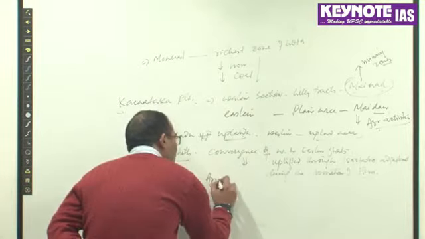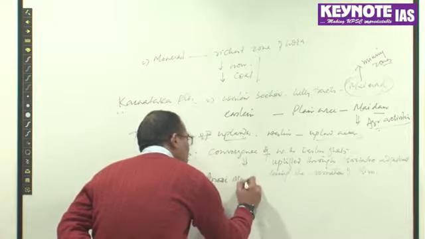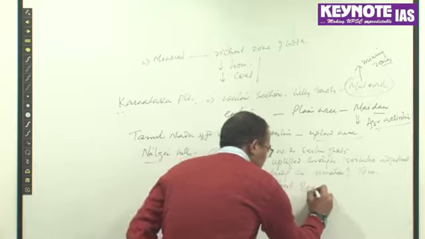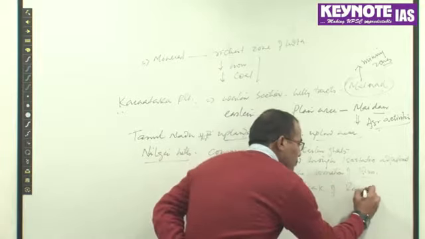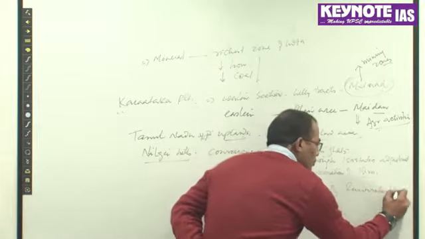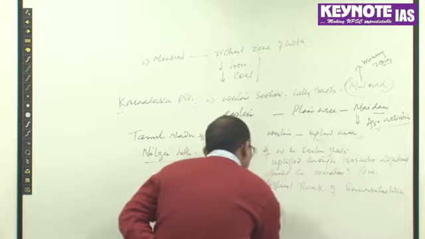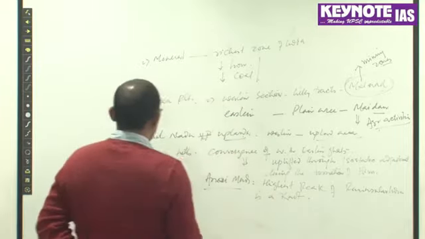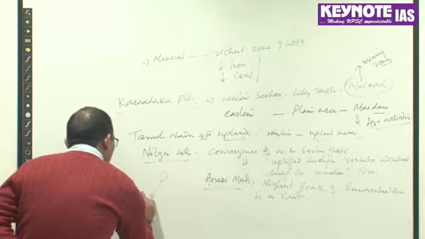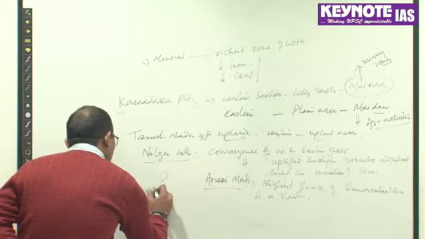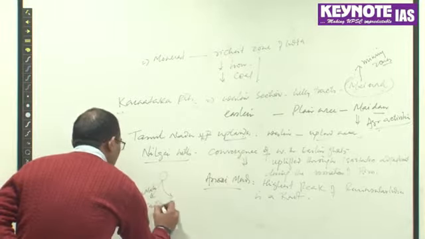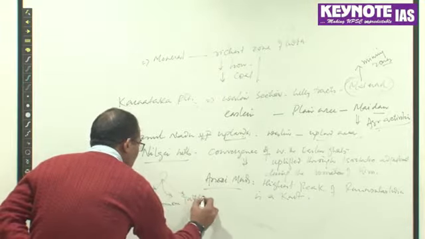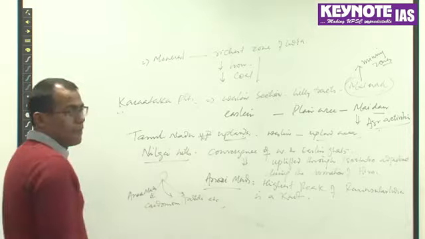Then you have Anaimudi, the highest peak of peninsular India. It is a knot. From here Annamalai, Cardamom, Palni, etc. radiate.